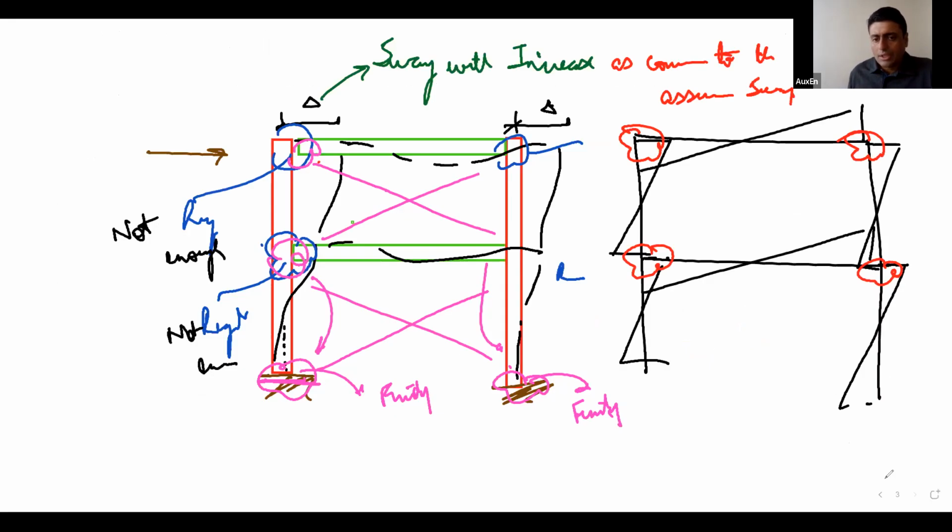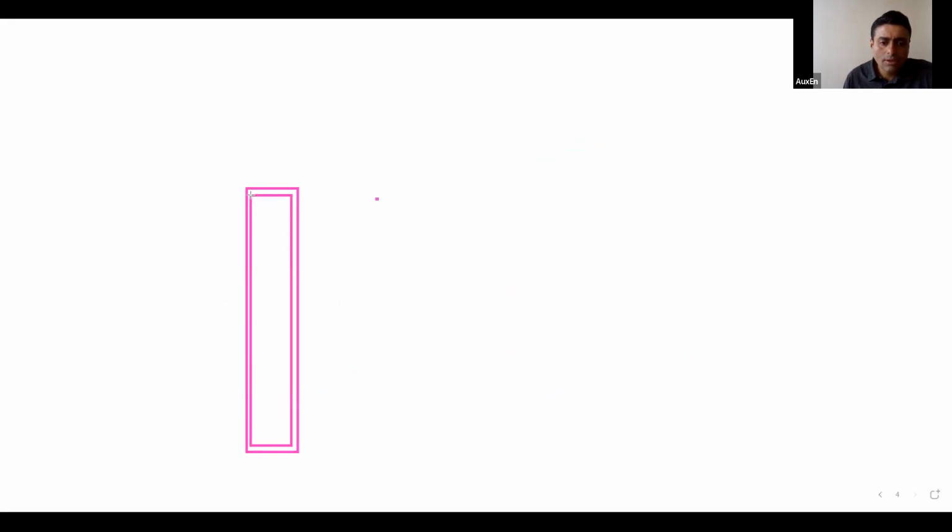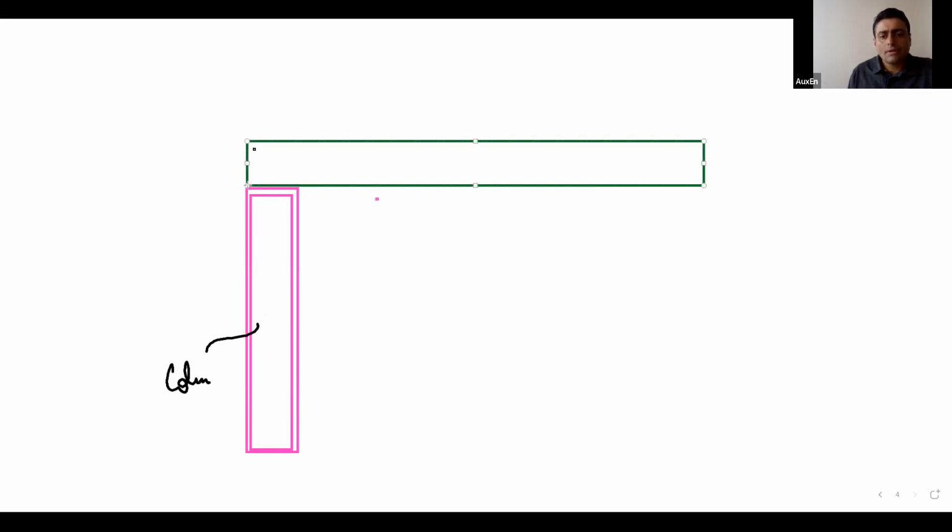How may it change? For example, in most PEB structures, I don't know if you have seen the working of PEB, what they do is, let us say this is my column. I am showing you an elevational view. Most PEB installations prefer an installation like this.